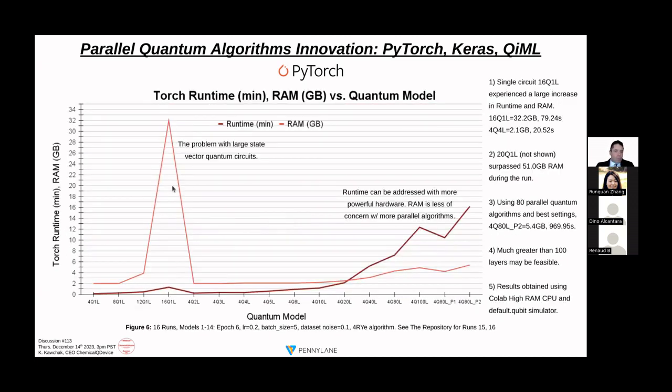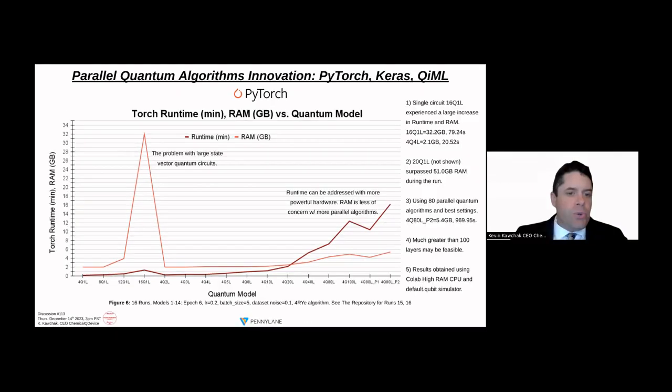Now, here's the RAM illustration of that 16 qubit. So it's not an issue really at 2, 4, 6, or 8, or even 12, really. I think above 12 is an issue, where you really see the spike just because of the math of 2 to the n, basically, for qubits. So you could see that the RAM for a single 16 qubit circuit is way up there, so I said like 32 gigs.